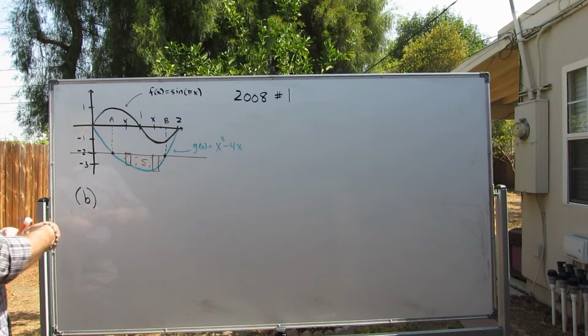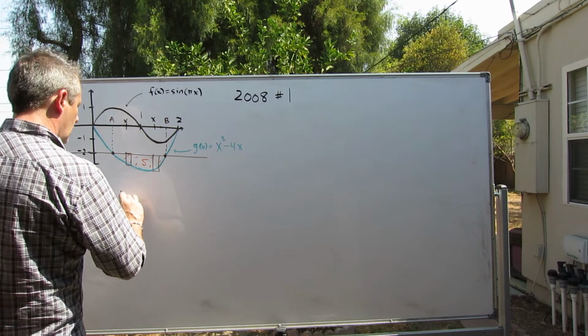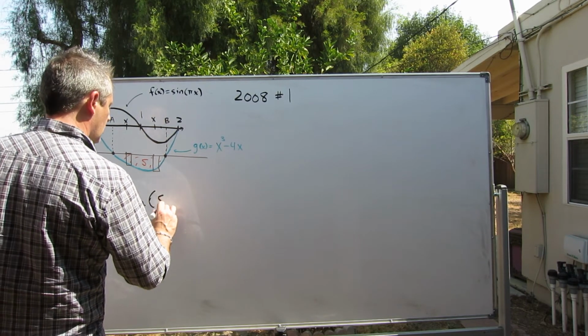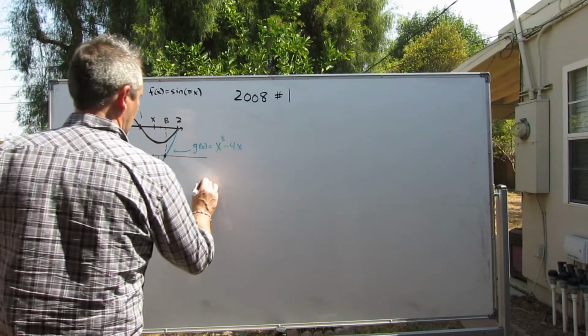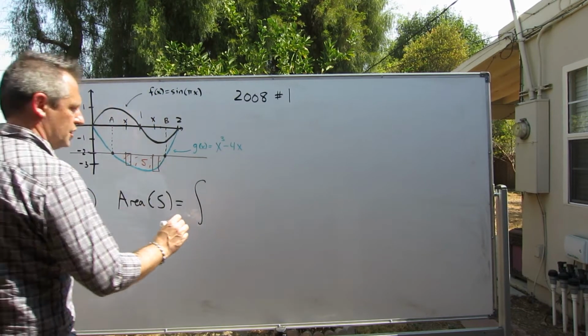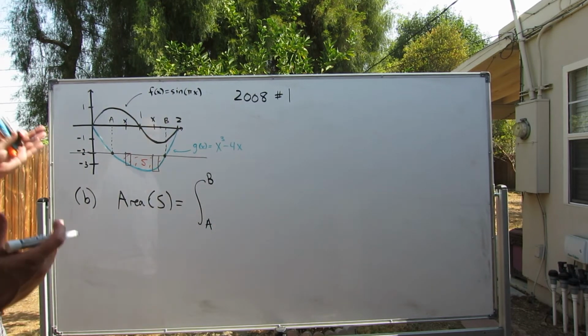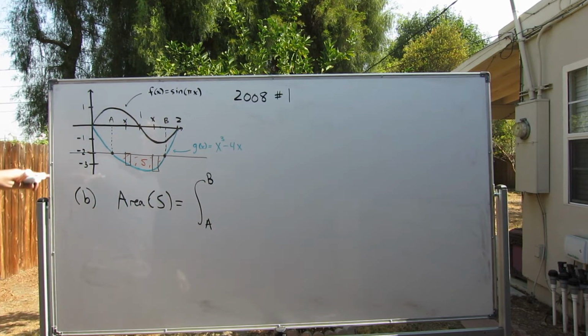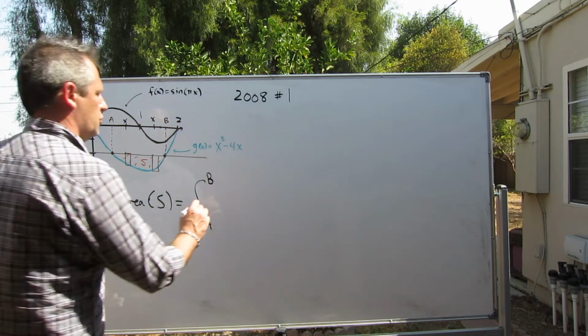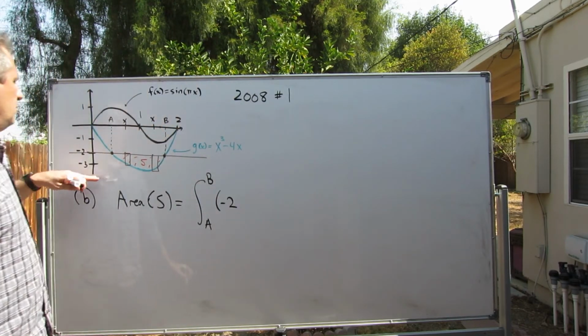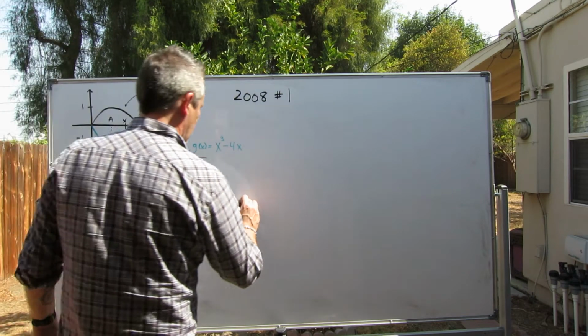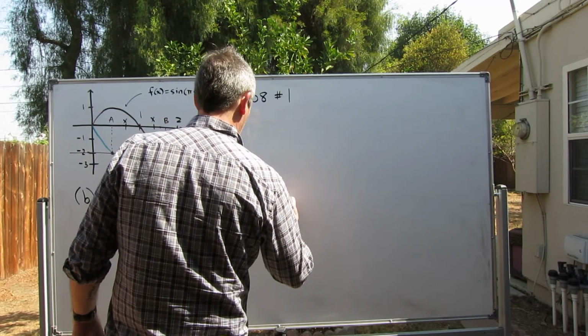But the area of S is clearly equal to the integral. X is allowed to go from A up to B. And then the height of my rectangle is, well, the top of it is at -2, and the bottom of my rectangle is this function right here, so minus x cubed minus 4x.